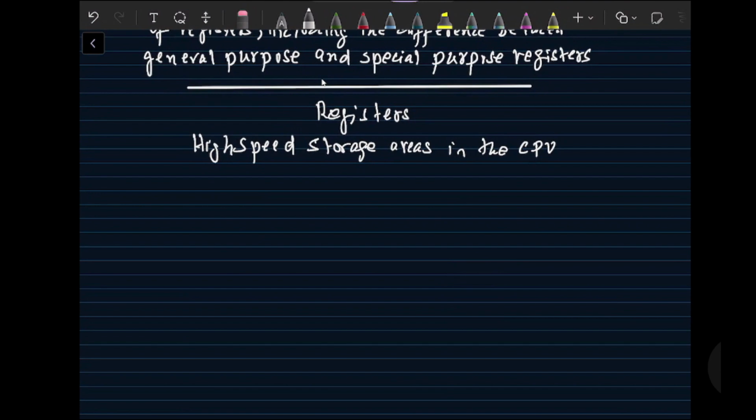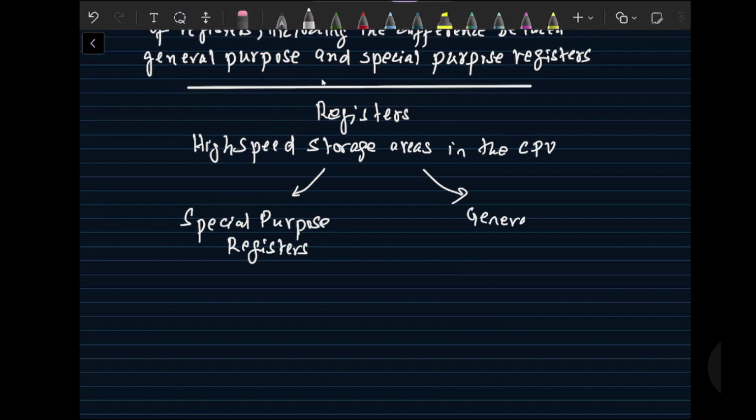All right. And we can categorize them into two major types. One, special purpose registers, and the second category is the general purpose registers.